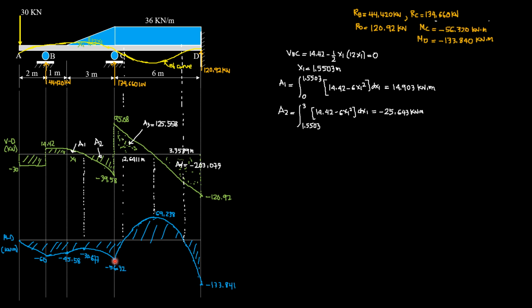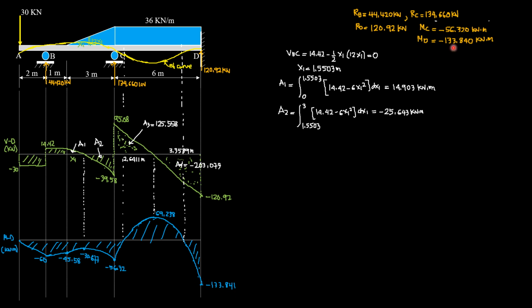So that checks. Also, moment at B is negative 60, negative 30 times 2. So it checks. So negative 56.32 plus area 3, which is 125.558, we have positive decreasing curve. So 69.238. And finally, 69.238 plus negative 203.079, negative increasing curve, negative 133.841.